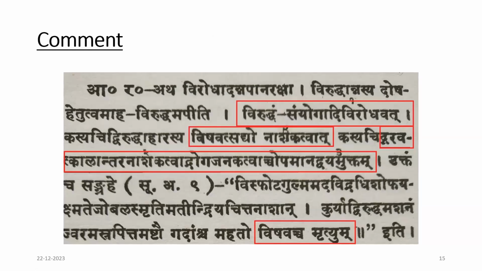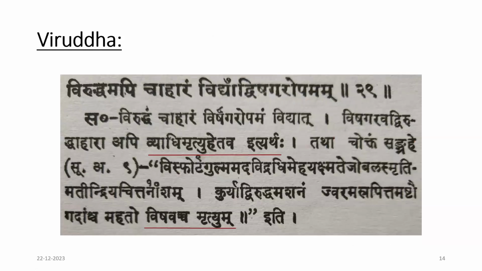Again, in Viruddhahara, we try to bring Viruddhahara with examples, but instead of quoting examples, we have plenty of references in the textbook. This reference is from Ashtanga Hridaya, Sutrasthana. While mentioning Viruddha, he has mentioned Vyadhi Mrityu Hetava Ityarthaha, Vishavaccha Mrityum.